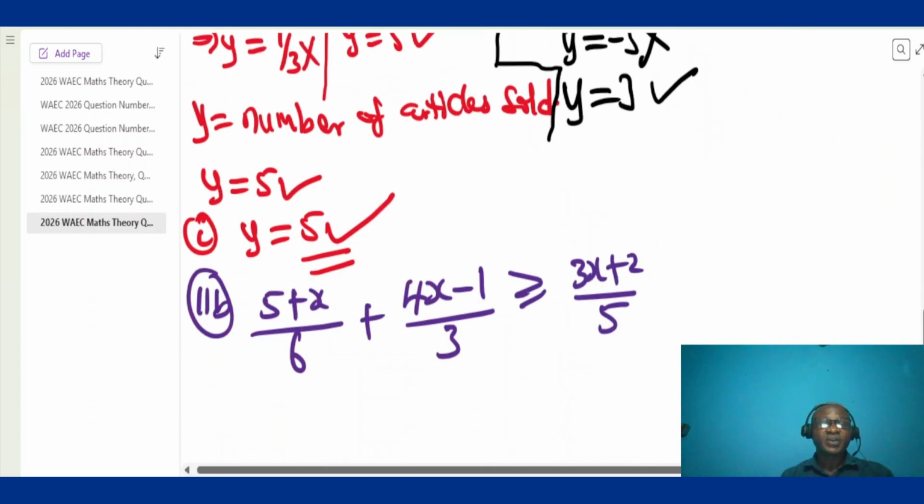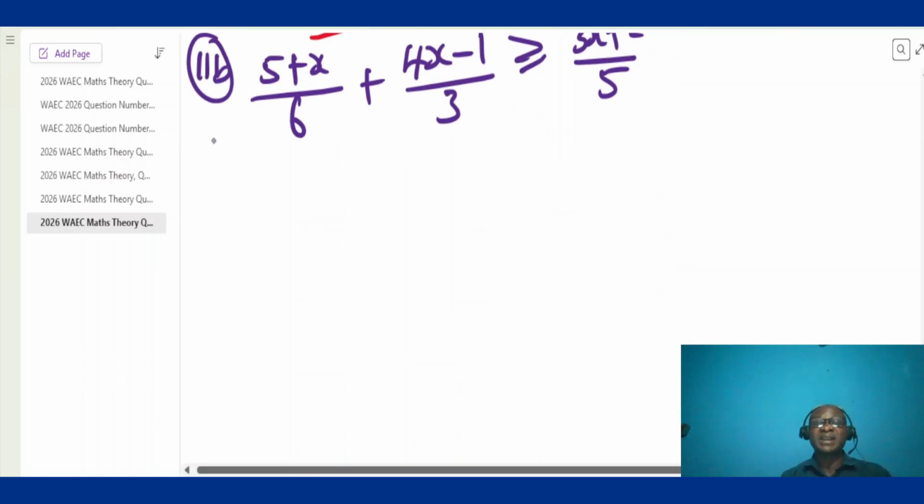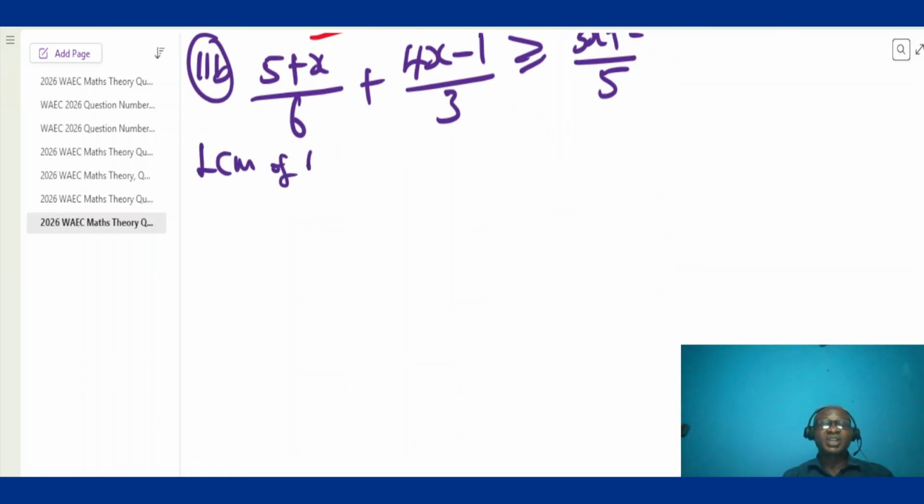All right. So 5 plus x over 6, plus 4x minus 1 over 3, greater than or equal to 3x plus 2 over 5. Now, the first thing I will do in solving this question is to find the LCM. So the LCM of 6, 3, and 5 should be equal to 30. I will use 30 to multiply each term of the expressions.